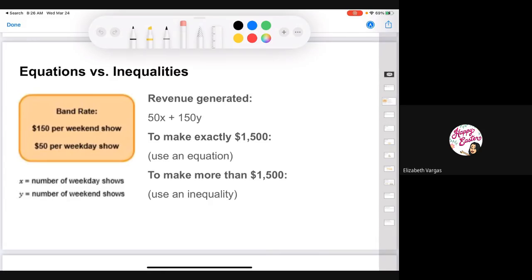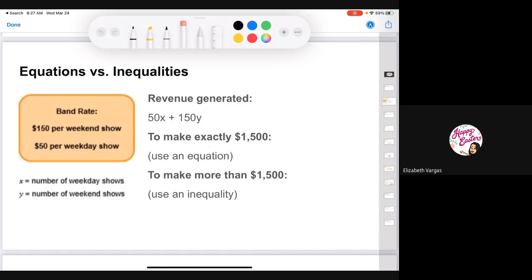So what's the difference between equations and inequalities? Well, equations often look like us using the equal sign. Here it's telling us the band's rate. The band charges $150 per weekend show.